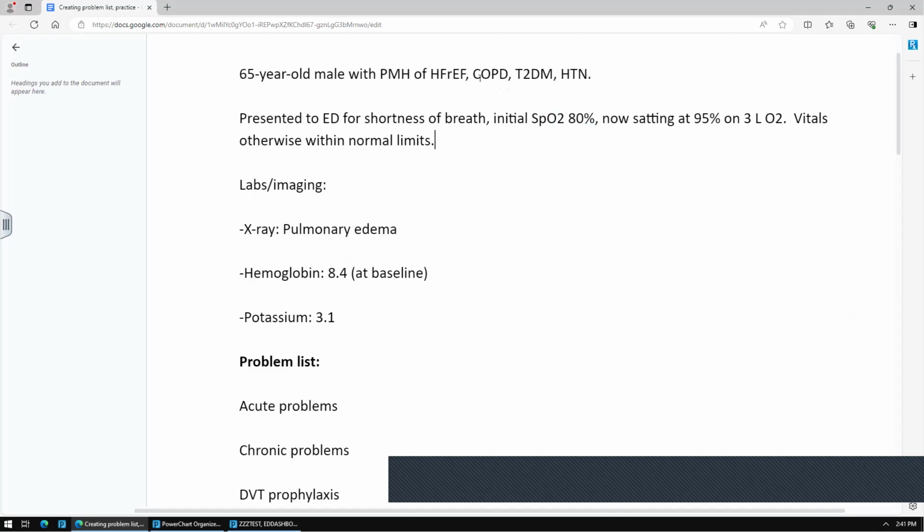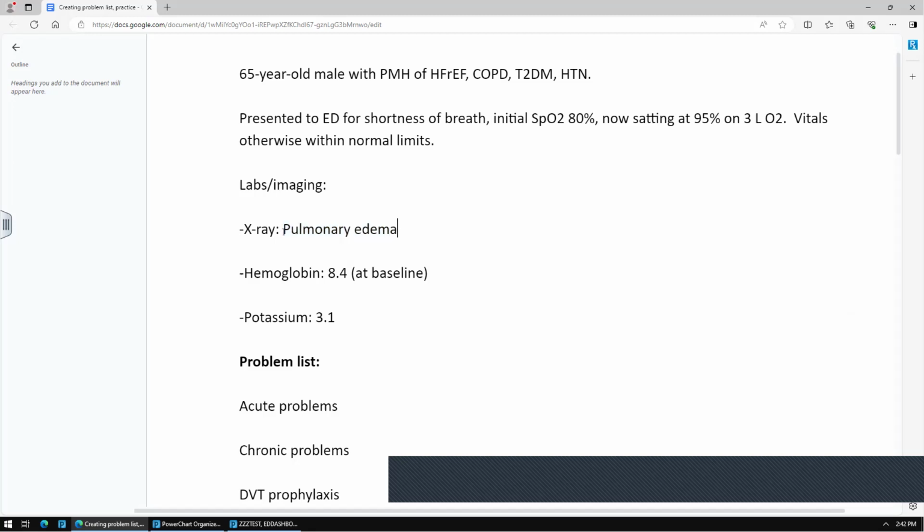And then you look for different problems here, like any lab abnormality. And one thing, there's an element of consolidating them. So you'll see this is an abnormality, pulmonary edema, but it fits underneath the problem of the CHF exacerbation, because it's a sign or symptom of that.